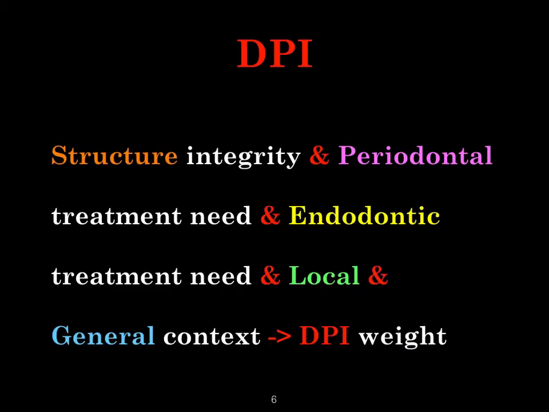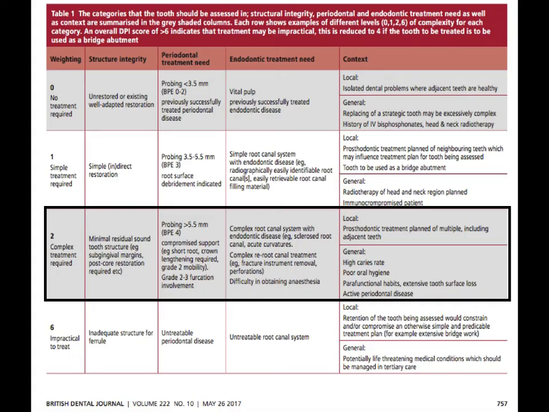So the Dental Practicality Index is a result of evaluating the structural integrity, the periodontal treatment need, the endodontic treatment need, and the local and the general context. So it is a very collective of all the significant factors that affect the decision of what to do to restore this tooth. And this slide is divided based on the actual execution in the clinic.